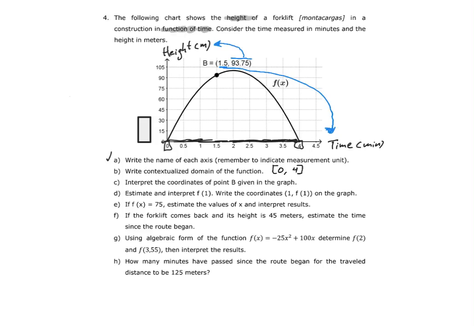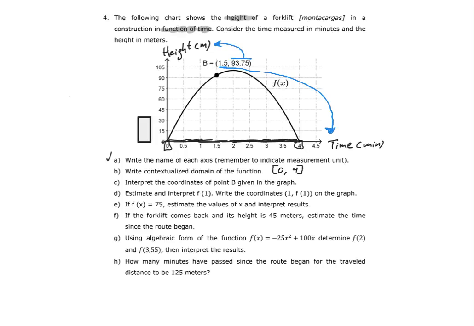I'm not going to write it down because I don't have the space, but the interpretation should be something like: after 1.5 minutes, because time is measured in minutes, the height of the forklift is 93.75 meters.